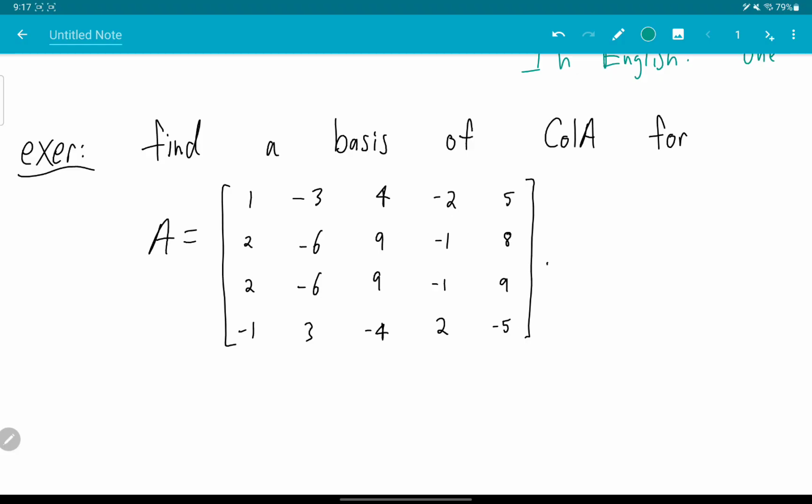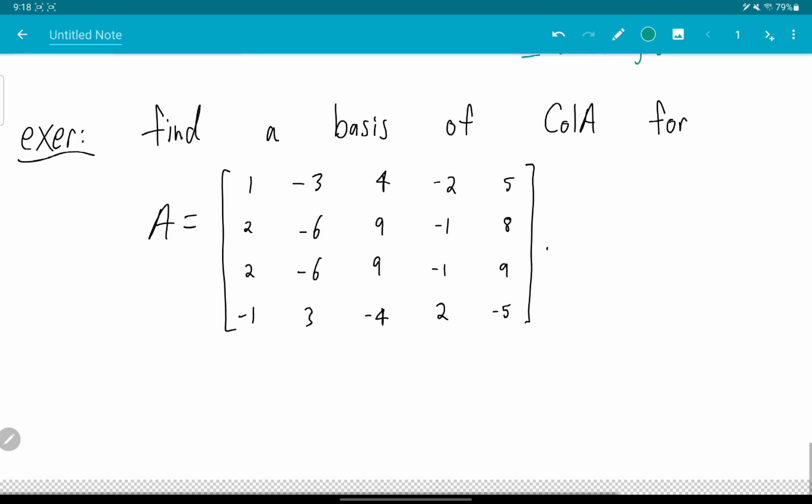Find a basis of call A for this guy here. So pause and copy and give this a try. I like the method.